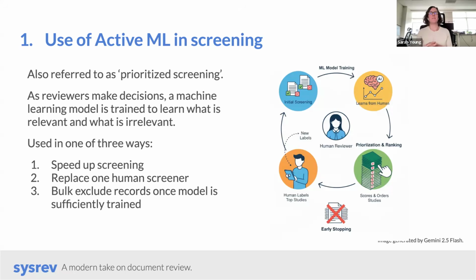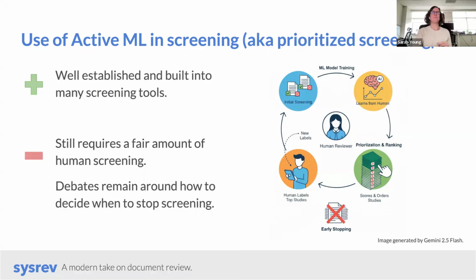Again, you can imagine this could be quite time saving when we're talking about thousands of articles. There's actually quite a bit of evidence to suggest that a very well-trained model could be used to just bulk exclude records without even screening them, without a high risk of losing relevant studies. I think this is done less frequently, but it is possible.